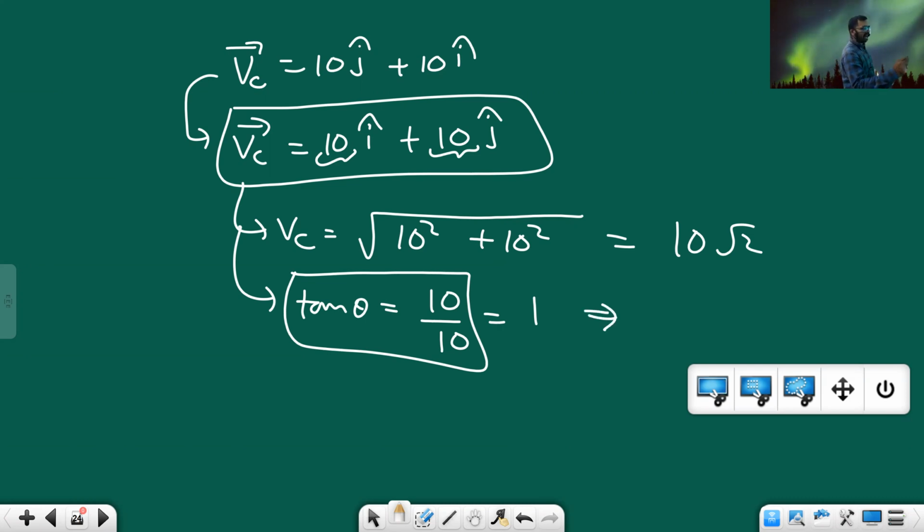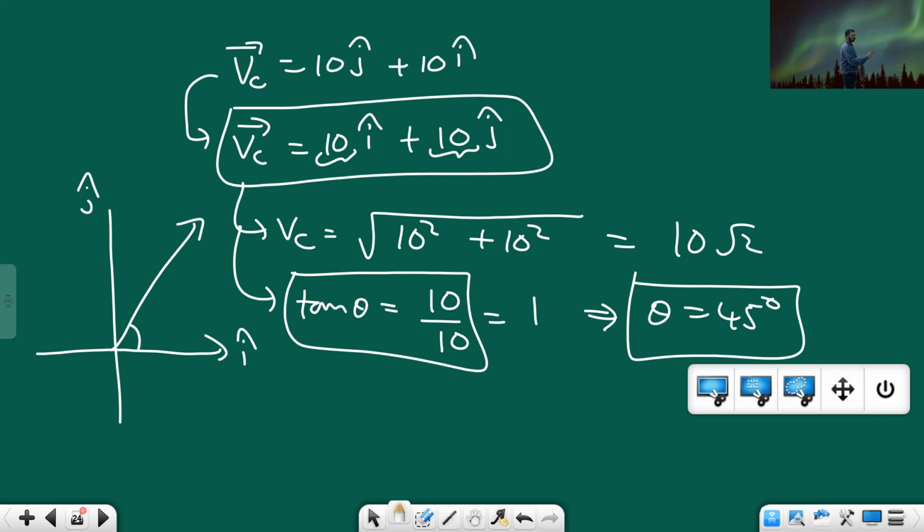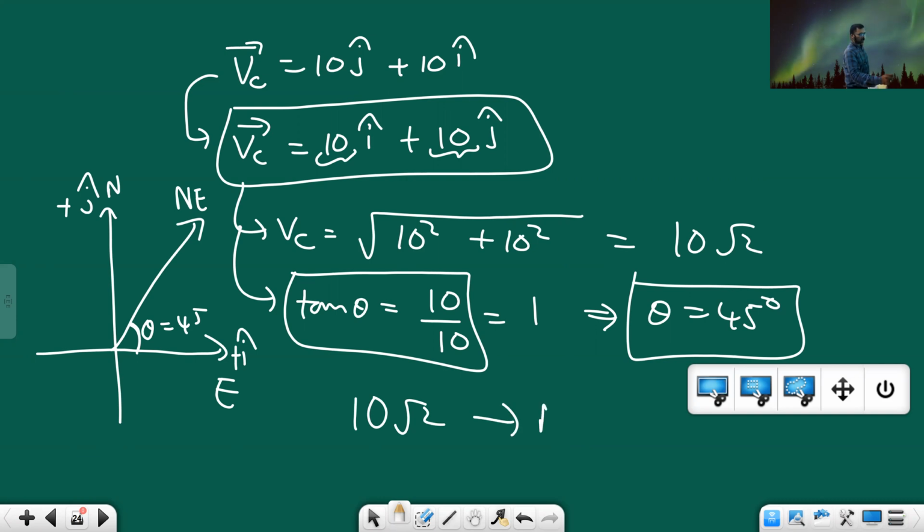From here theta is equal to 45 degrees. I cap indicates east, J cap indicates north, and 45 means exactly between, northeast. So my answer is 10 root 2 northeast.